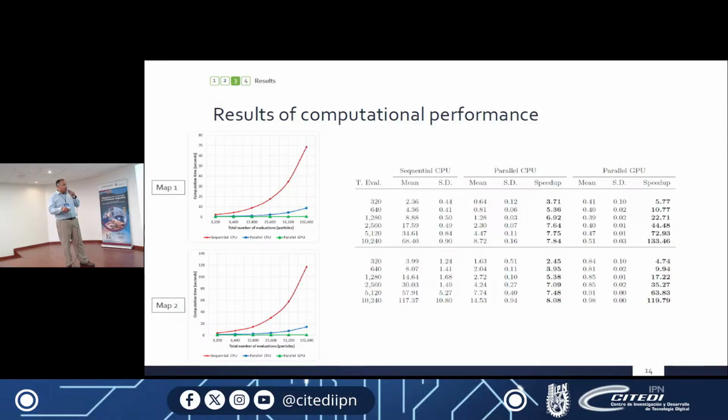But in parallel, in GPU, using the threads of the GPU, we achieved 133 times faster than the CPU implementation. That means that our robot will interact with the environment without a significant delay.